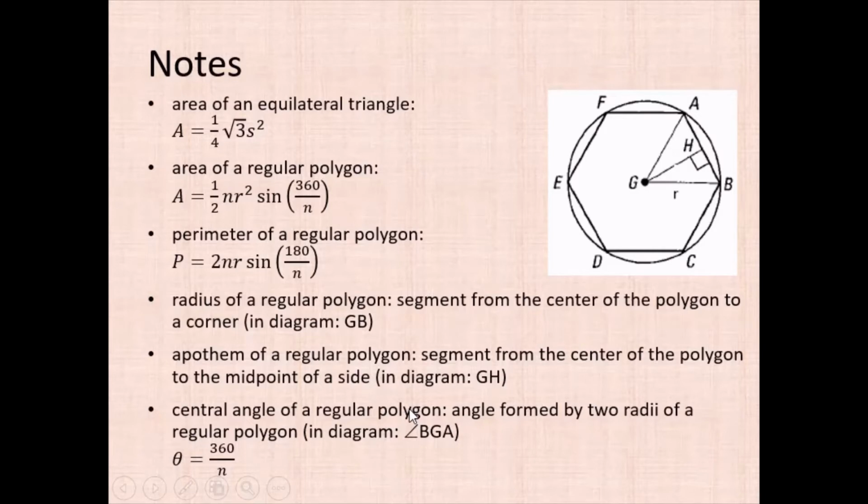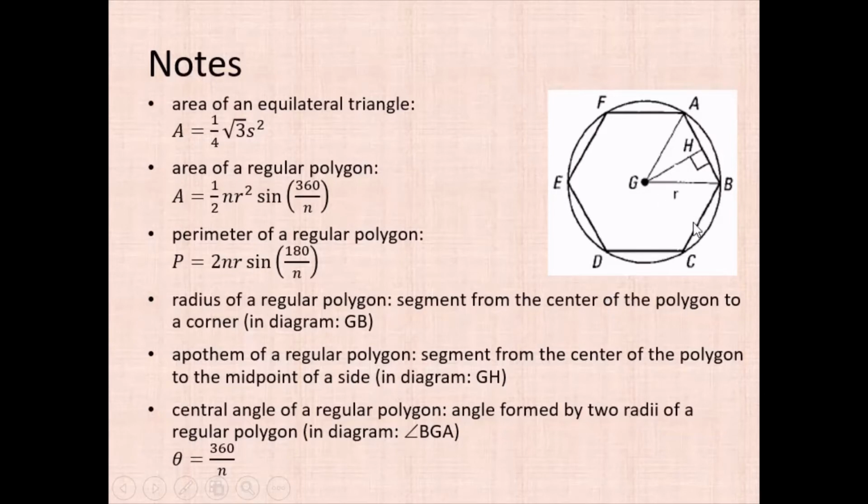The central angle of a regular polygon is the angle formed by 2 radii of a regular polygon. And so in this diagram, angle BGA, so this angle right here, is the central angle. And you remember that from our circle lessons in our last chapter.